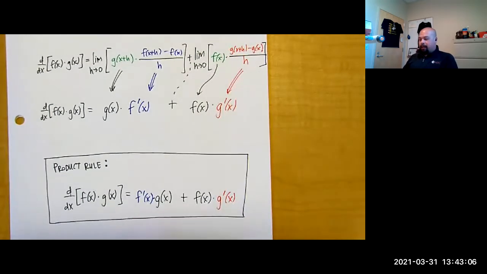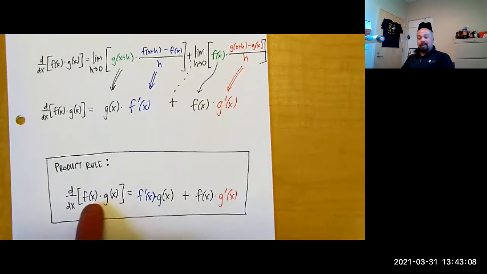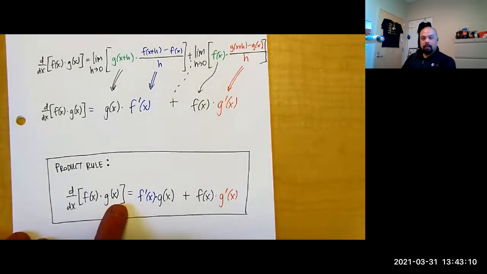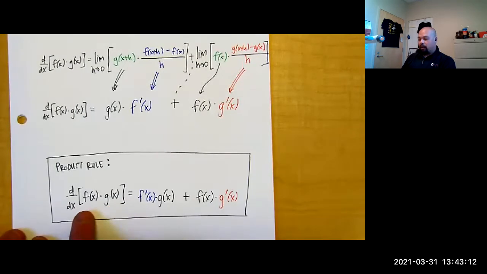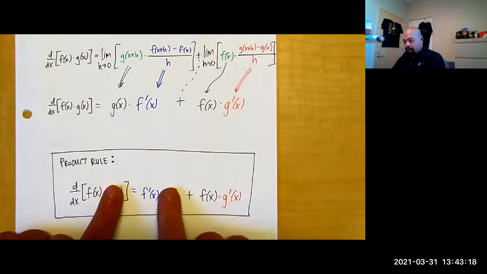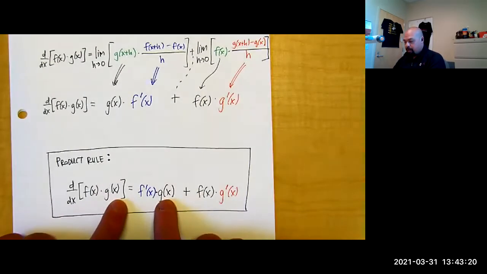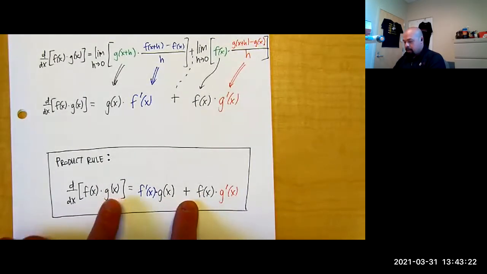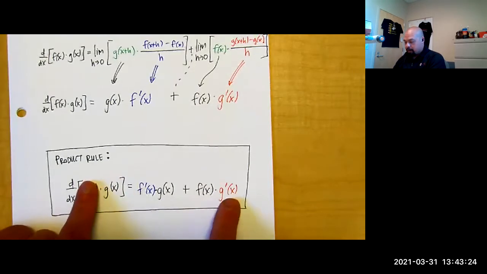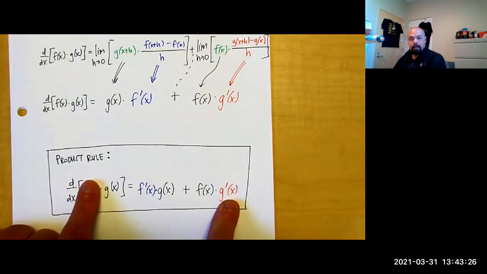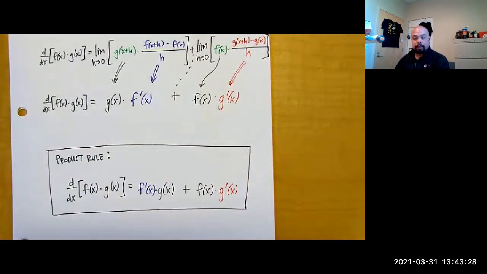But that's the way I kind of see it, because when I see that product, I see them multiplying these two separate functions, two functions that involve x. Derivative first, keep the second the same, plus first function times derivative second. We can alternate those pairs.